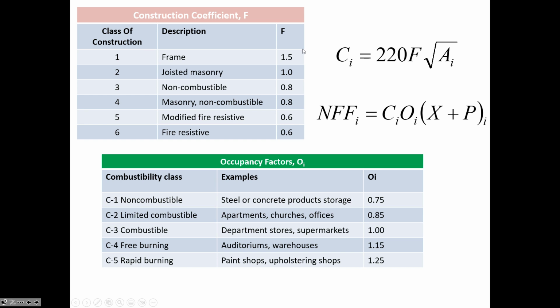And then the same thing is true about the occupancy factor, that if you are storing materials that are non-combustible, then the occupancy factor is going to be much lower than things where rapid burning materials like flammable paints or upholstering shops where they have a lot of fabric and the material that's used to stuff inside of couches, batting, which is all flammable.